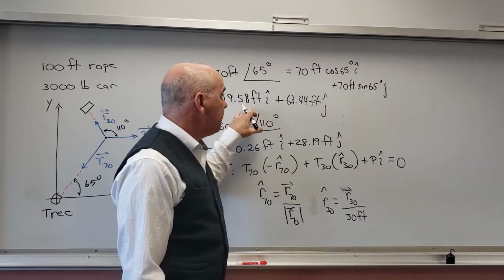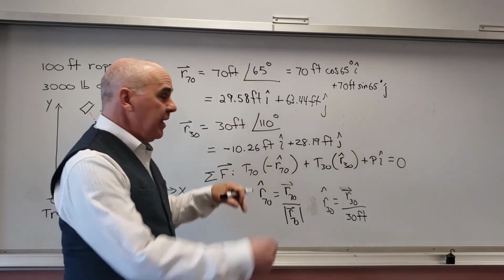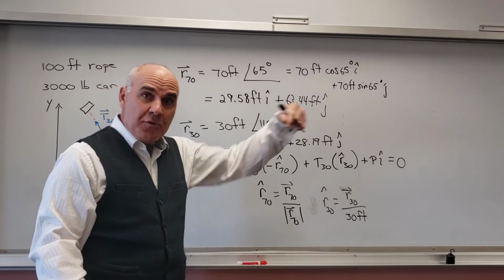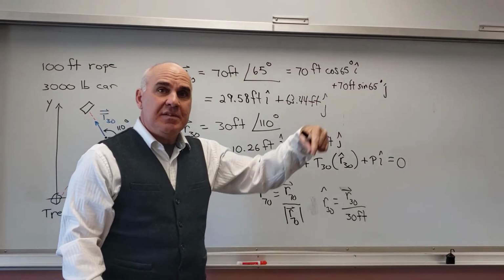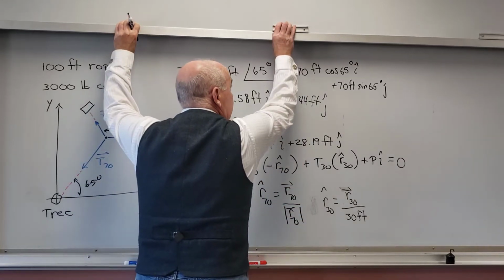This would be in the x direction, this would be in the y direction. But this will be negative, because the force is going down and to the left. This is up and to the right, but the force is in the opposite direction. It's down and to the left. Okay, so let's do that.